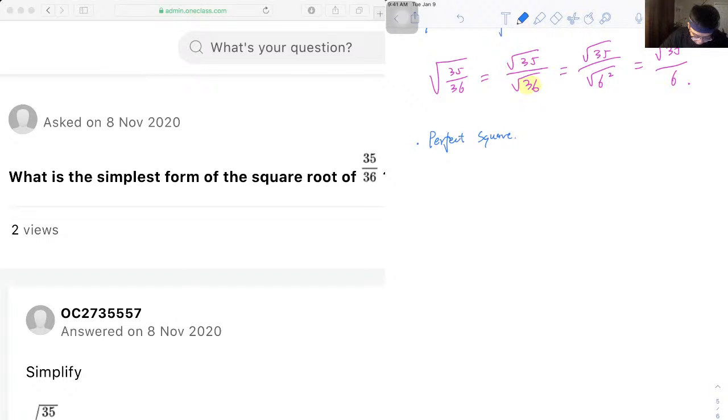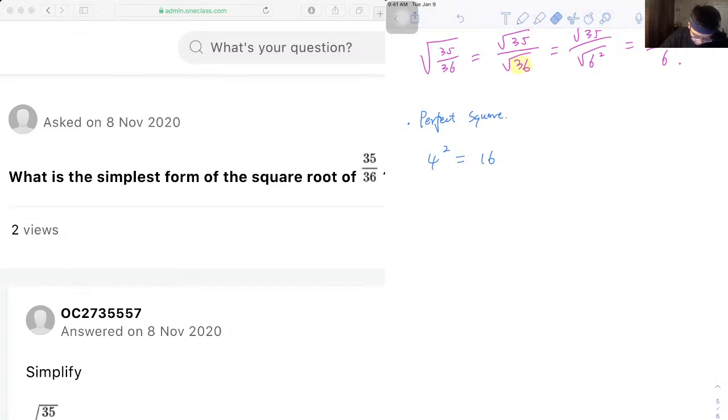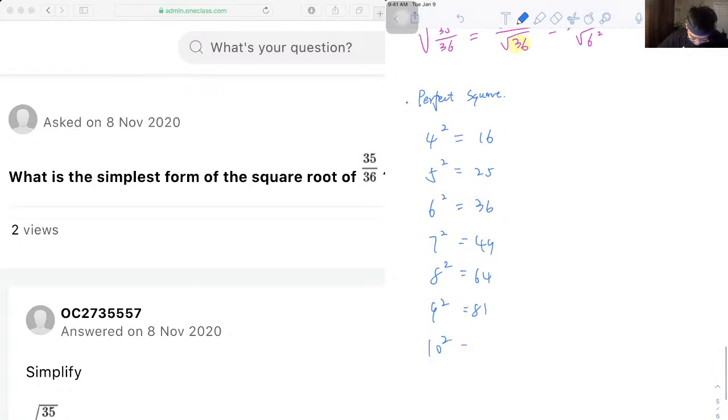Starting from 4, 4 squared is equal to 16, 5 squared is equal to 25, 6 squared 36, 7 squared 49, 8 squared 64, 9 squared 81, 10 squared is 100, 11 squared 121, 12 squared 144, 13 squared 169, 14 squared 196, and 15 squared 225. Yeah, I'll just stop here.